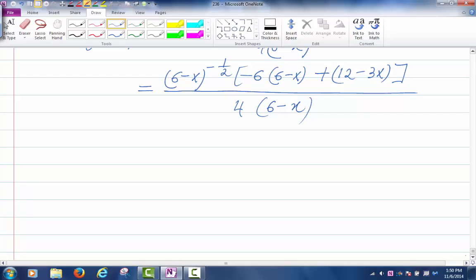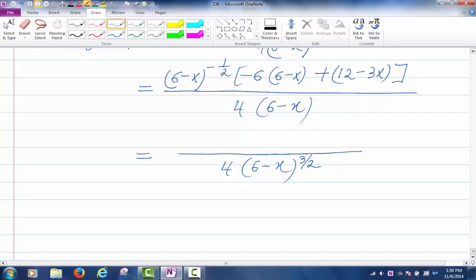And okay, so now (6 minus x) to the negative half, I'm going to combine it with the denominator. So if I combine it with the denominator, what do I have? I have 4 times (6 minus x) to the what? 3 halves, because I have (6 minus x) to the 1 in the denominator, and (6 minus x) to the negative half. So that negative half, I'm going to subtract from 1 to combine it in the denominator, right? Is everybody okay with that?